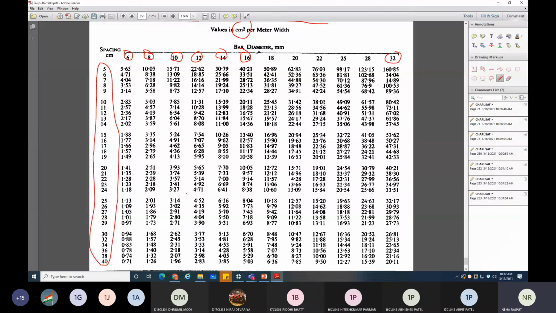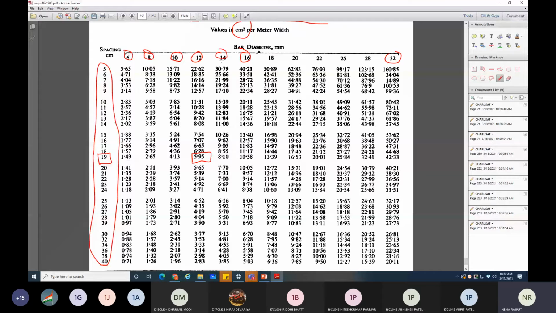If I choose 12 mm diameter bar, I can get 5.95, which is more than 5.68, and for that my spacing is 19 centimeter, that is 190 mm. So I can consider 12 mm diameter at 190 mm center to center. So this is my case.